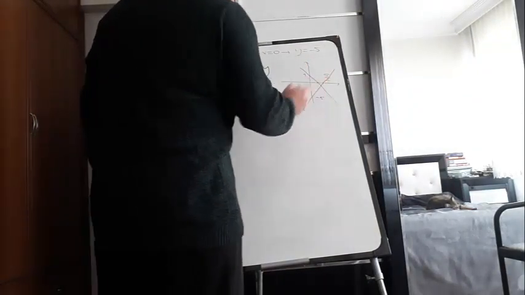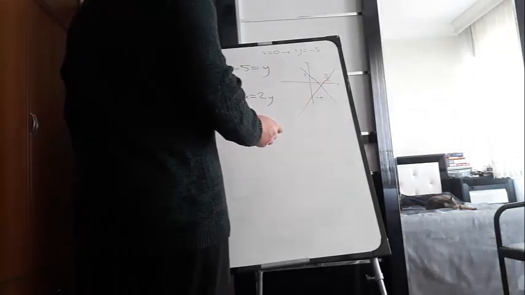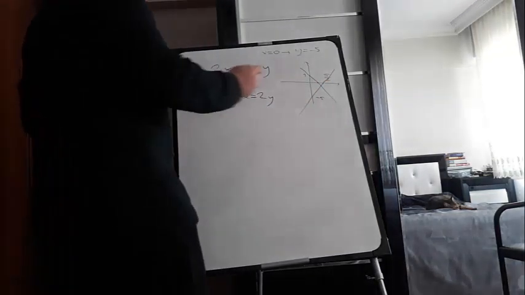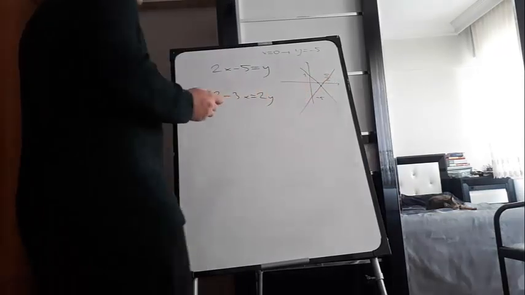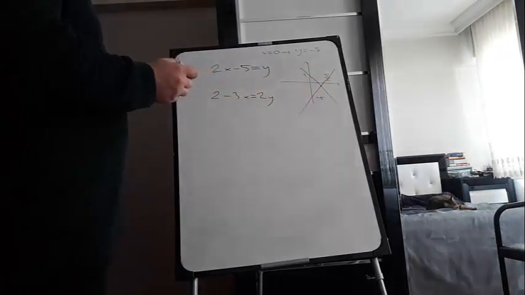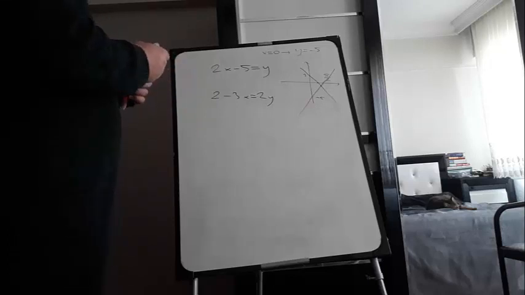I want to find the intersection of these 2 lines. I want to find the coordinates of this point where the 2 lines intersect.